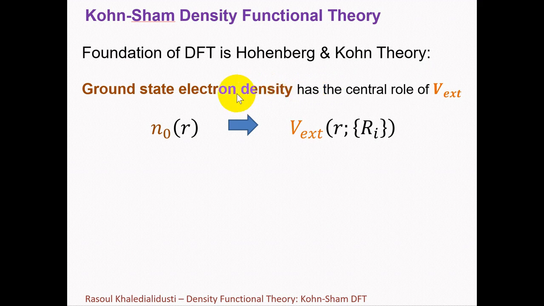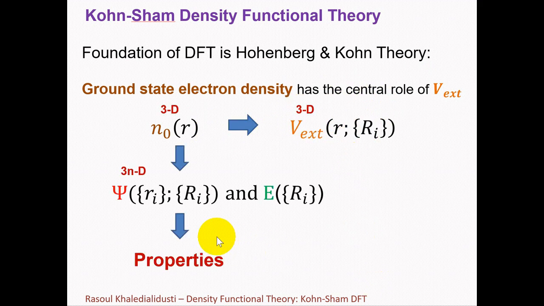That is, the ground state electron density uniquely determines this external potential. So there is a unique correspondence between the three-dimensional external potential and the three-dimensional electron density. So we can say that the ground state electron density governs and determines the wave function and then the energy of the system, and from there we can calculate the properties.